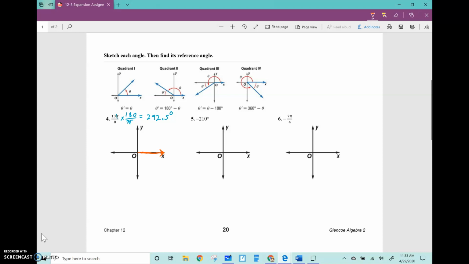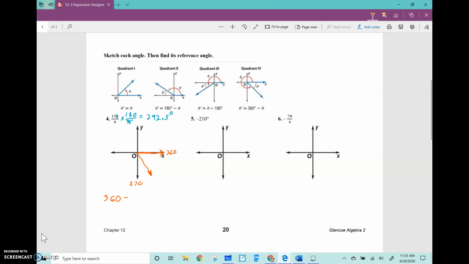Now with this, we can kind of ballpark as long as you're in the right quadrant. I know that's going to be over here in the 4th quadrant, so probably about right here. It's going to be in between 270 and 360. So when I'm in the 4th quadrant, I need to take 360 and subtract that angle from 360.